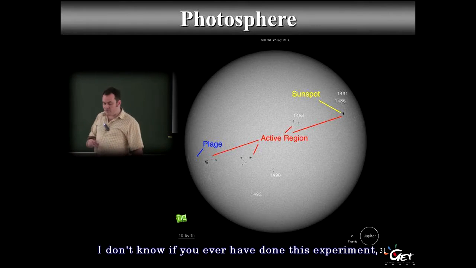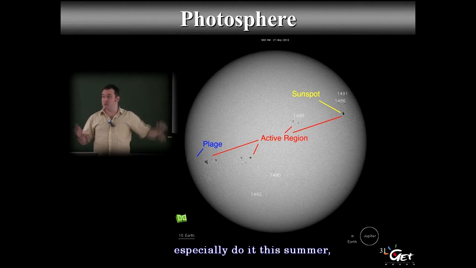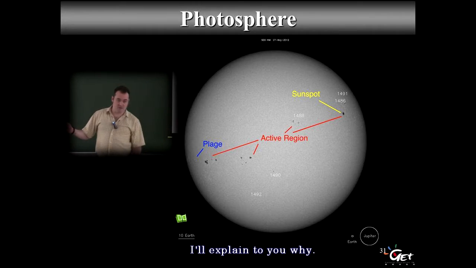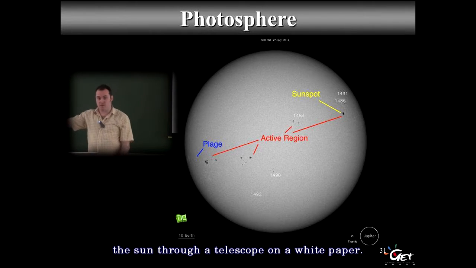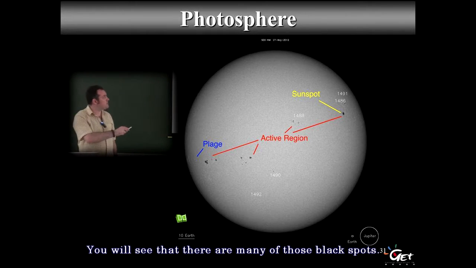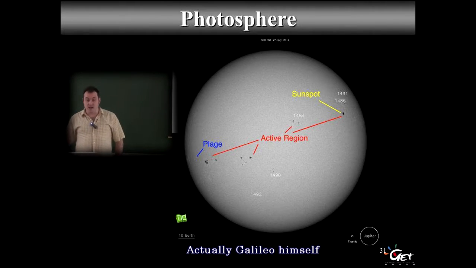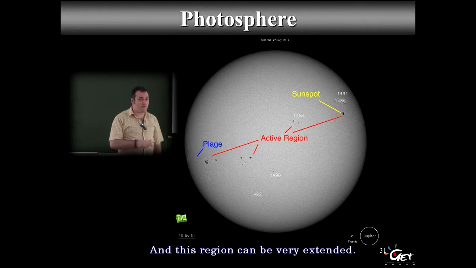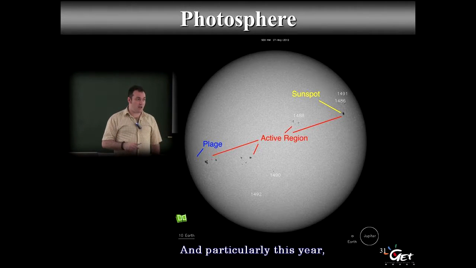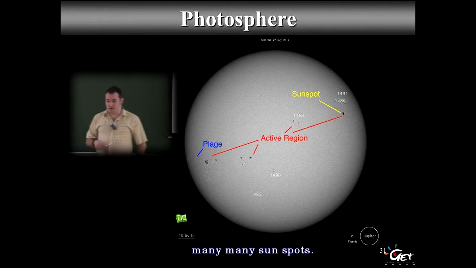I don't know if you have ever done this experiment, but if you take a picture of the sun, especially this summer, I'll explain why, or project the sun through a telescope onto white paper, you will see many of those black spots, sunspots. It's been known for a very long time. Galileo himself noticed that there were sunspots. These regions can be very extended, and particularly this year, there are a lot of them. Many, many sunspots.